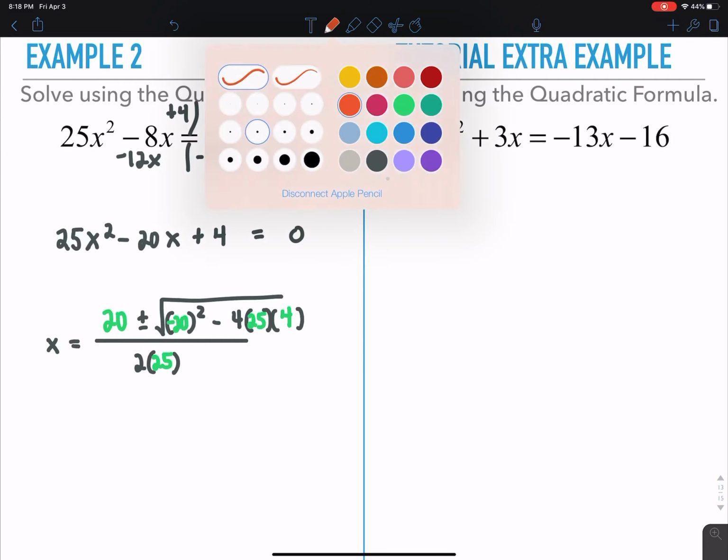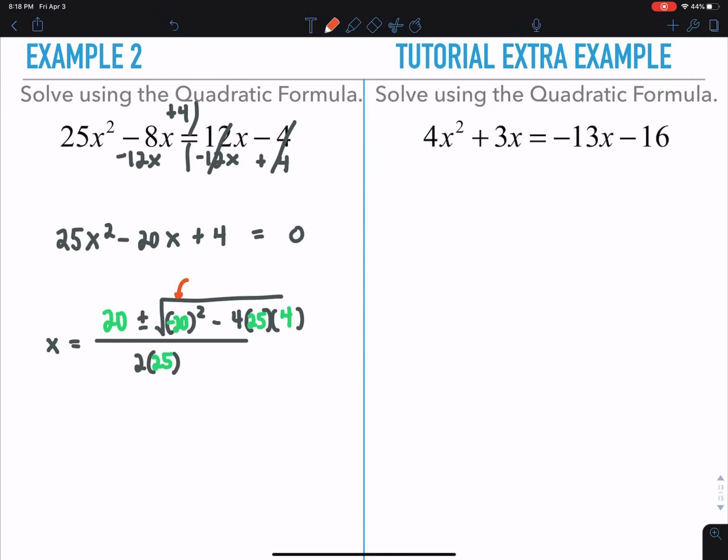So something interesting happens when we simplify this. Negative 20 squared is positive 400. Again, this number should always be positive. When you square a negative number, it makes it a positive number. And then 4 times 25 times 4 is also 400.